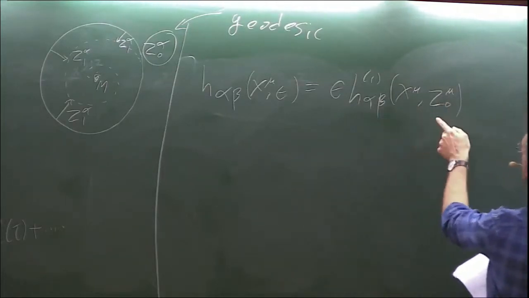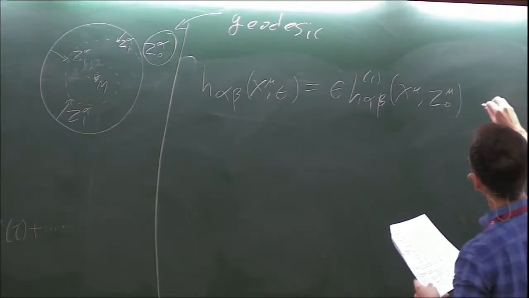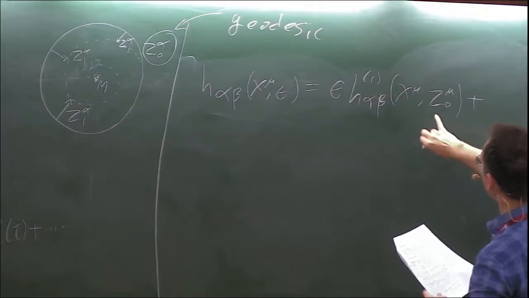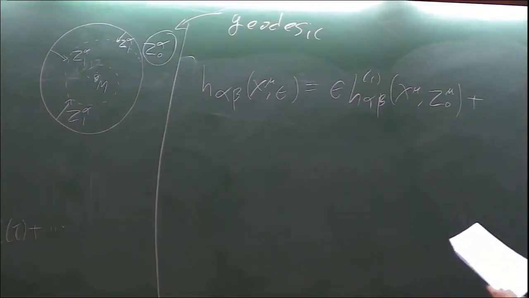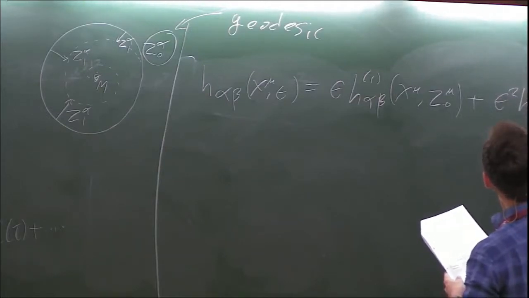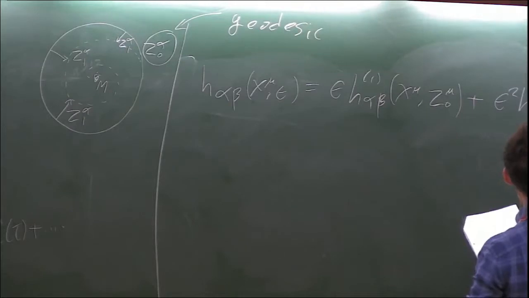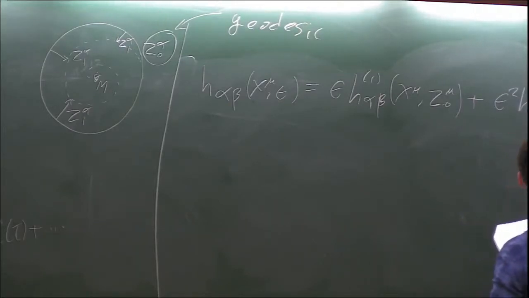The first order piece depends on the zeroth order geodesic motion, but does not depend on any of the corrections. And it can't because it has to be independent of epsilon. Now the second order piece depends on Z0, but it also depends on the correction to the motion.